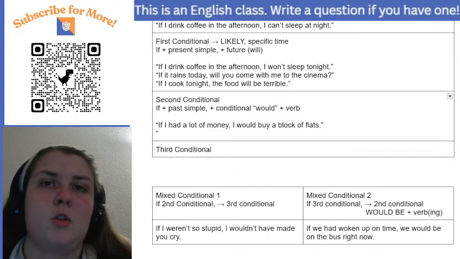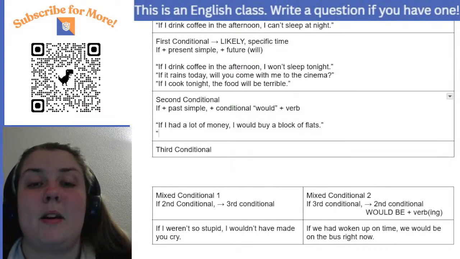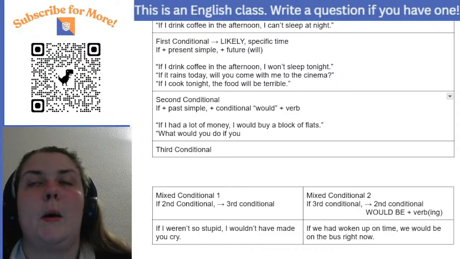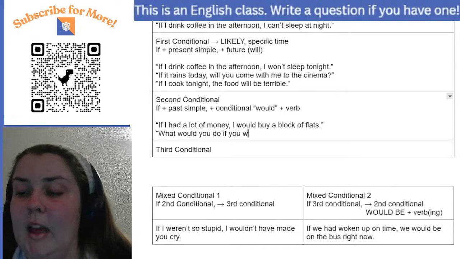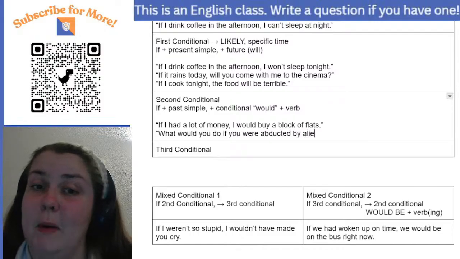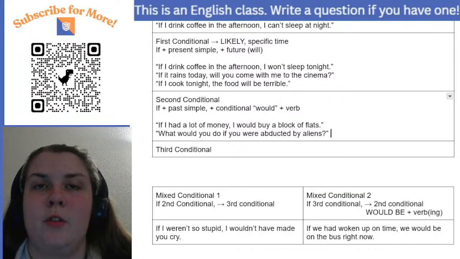We can also swap it around slightly. So we might start by saying something like this. What would you do if you were abducted by aliens? I mentioned this briefly in the last class.